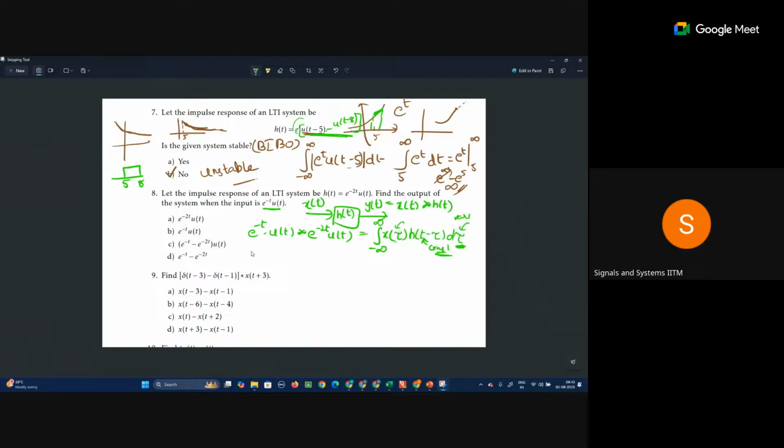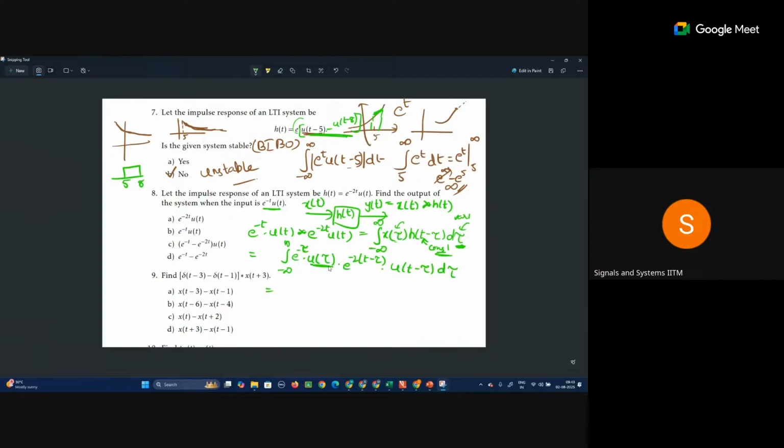So we'll be substituting here: minus infinity to infinity, e power minus tau u of tau into e power minus 2 times t minus tau into u of t minus tau d tau.